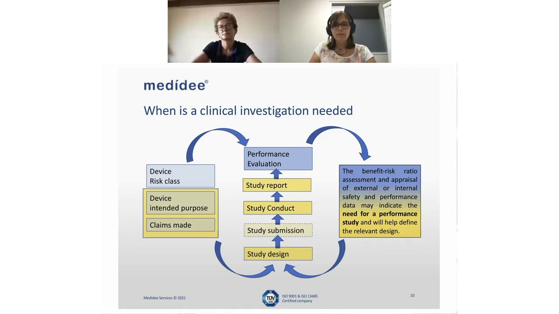As a result of the performance evaluation process, you will be able to clearly highlight the benefit-risk ratio of your device, to identify if there is a gap within your clinical performance data, and hence be able to see whether or not you actually need a study to close this gap and to have a complete performance evaluation that positively addresses your performance and safety of your device.